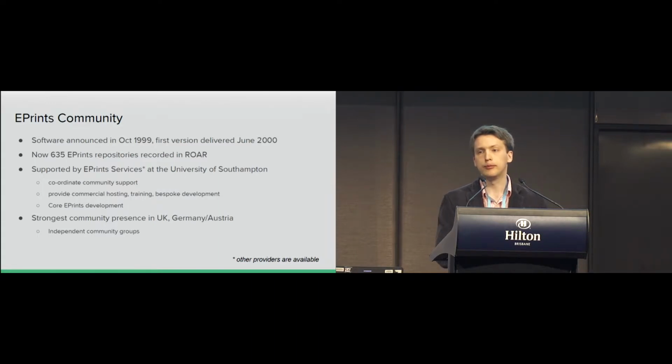We support our customers by providing hosting and training and bespoke development, but we also try to curate the open source core of ePrints, and just provide general bug fixes and maintenance and development as time goes by. So we've got quite a lot of roles, and balancing those off is an interesting challenge.